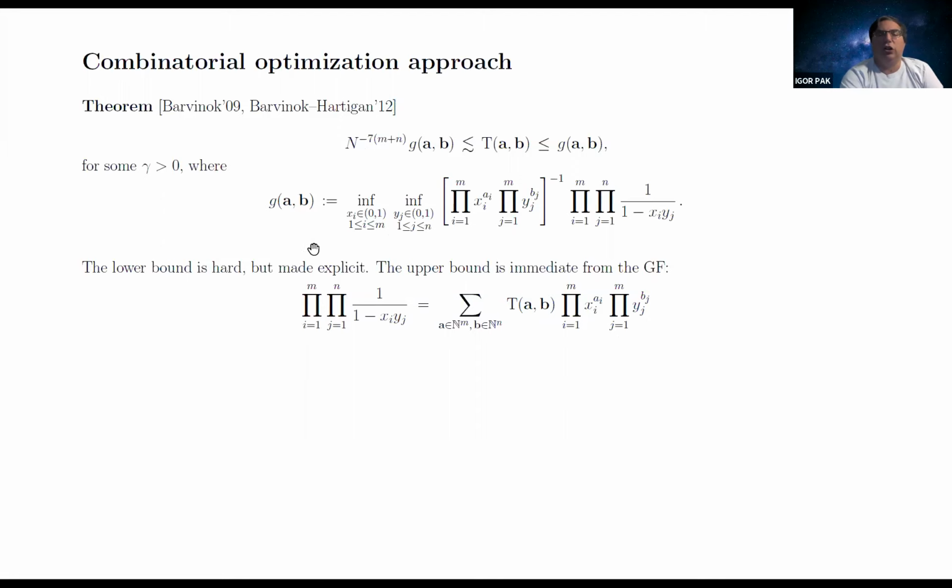So that's one thing. Another thing is that using combinatorial optimization, you can actually compute it in polynomial time. So this is computable. That's Barvinok's approach to approximating the number of contingency tables. Is this clear?